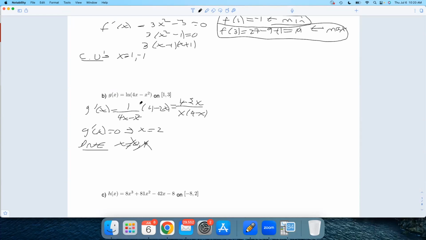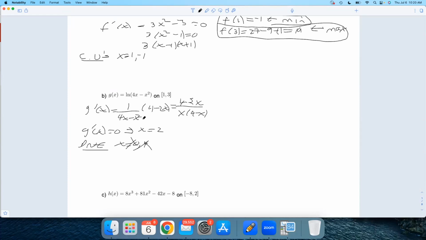We have a vertical asymptote at 4 anyways, and at 0. This function's not defined at 0 or 4, so the extreme value theorem wouldn't have even applied. We don't have to worry about that.